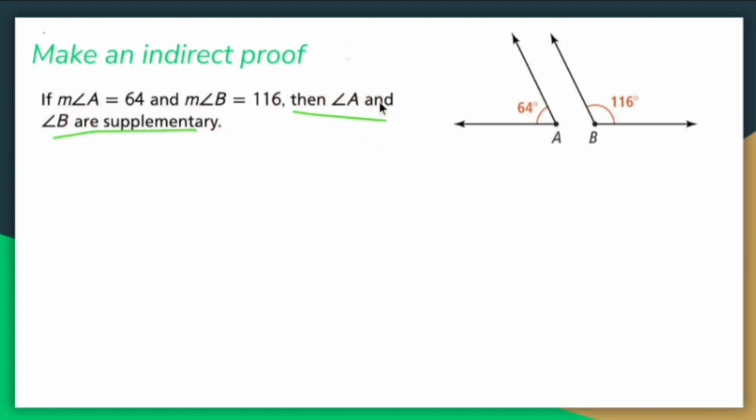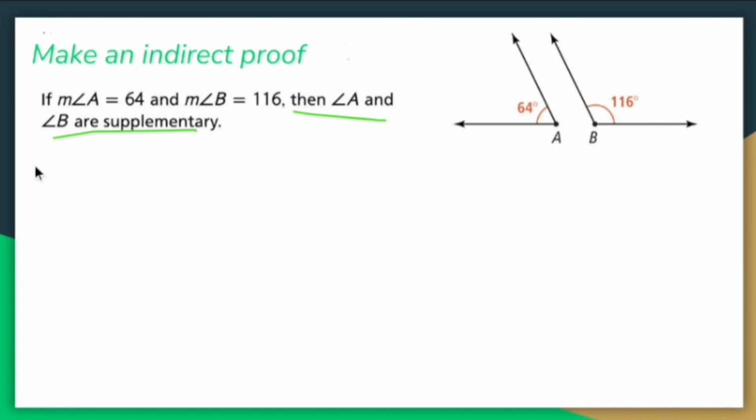We're going to assume that they're not supplementary. Then we do some math, find out that we're wrong, and therefore they must be supplementary. So that's indirect proofs in a nutshell. You assume the second part is a lie, do some math, and find out, whoopsies, I was actually wrong by assuming that, therefore the original must be true.